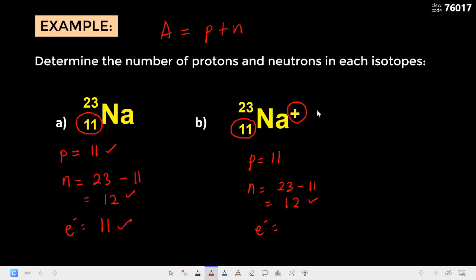Masa dia neutral atom dia ada 11 elektron. So bila dia dah donate satu elektron, dia jadi sodium plus. Jadi elektron dia 10, 11 tolak 1. Alright? Okay, so please be careful.